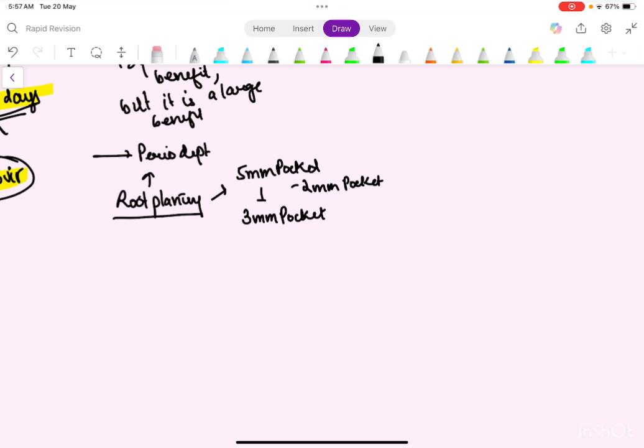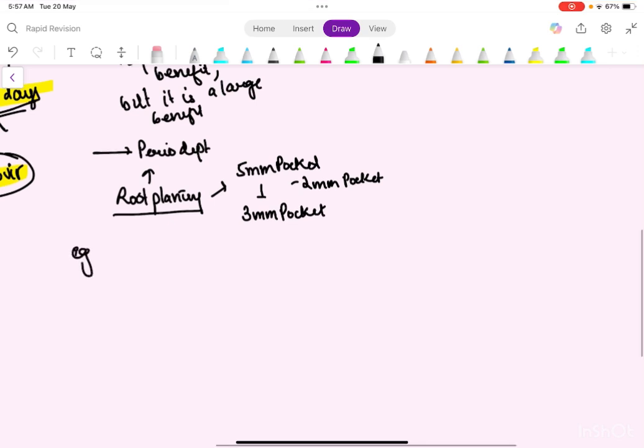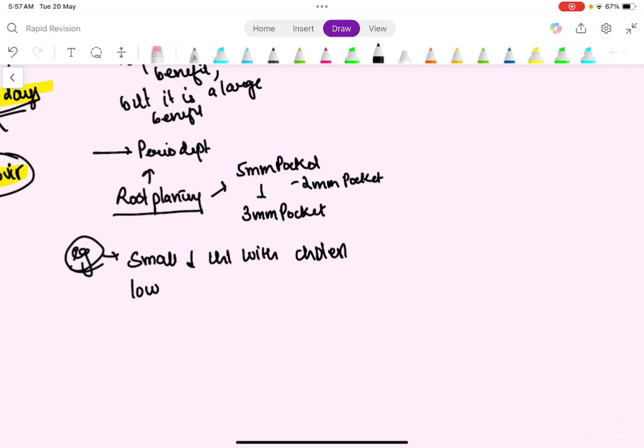One more example which is classically asked as a question is a small decrease in cholesterol with cholesterol lowering drugs. This is also a prime example.